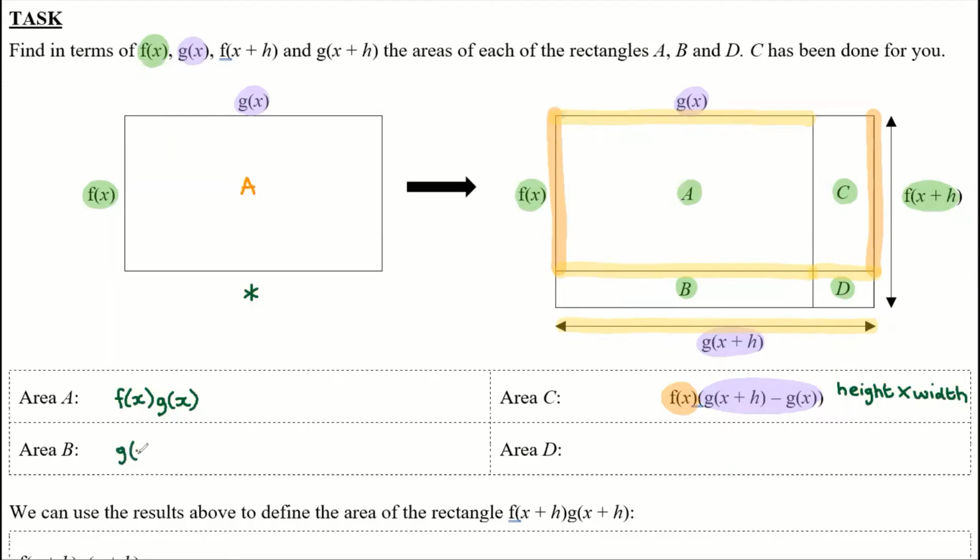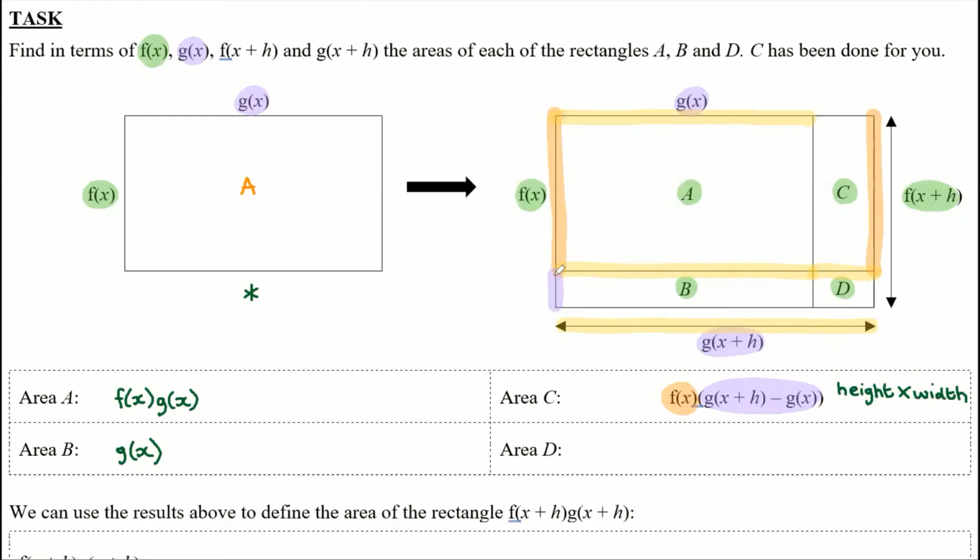Okay, so I'll put that in first. So that's the width. If I said the length, I meant the width, the horizontal distance. Now we multiply that by the much smaller distance here, which is the height of the rectangle.